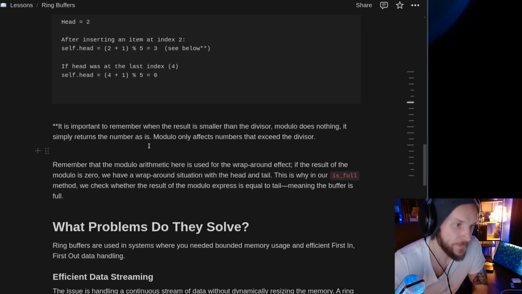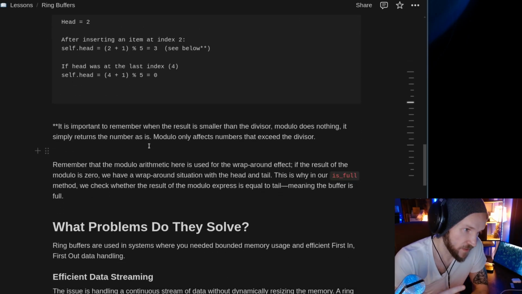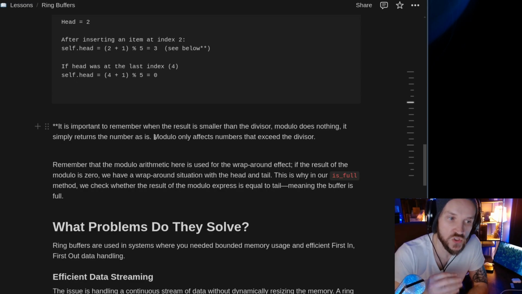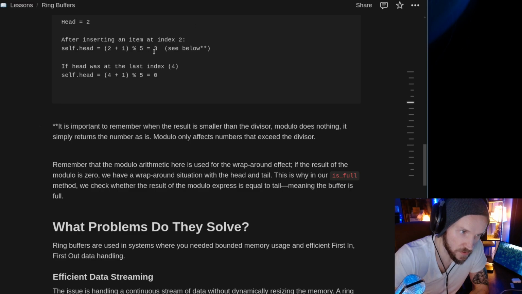Now, this is the part up above, the 2 asterisks. It's important to remember that when the value is smaller than the divisor, modulo doesn't do anything. It simply returns the number as is.